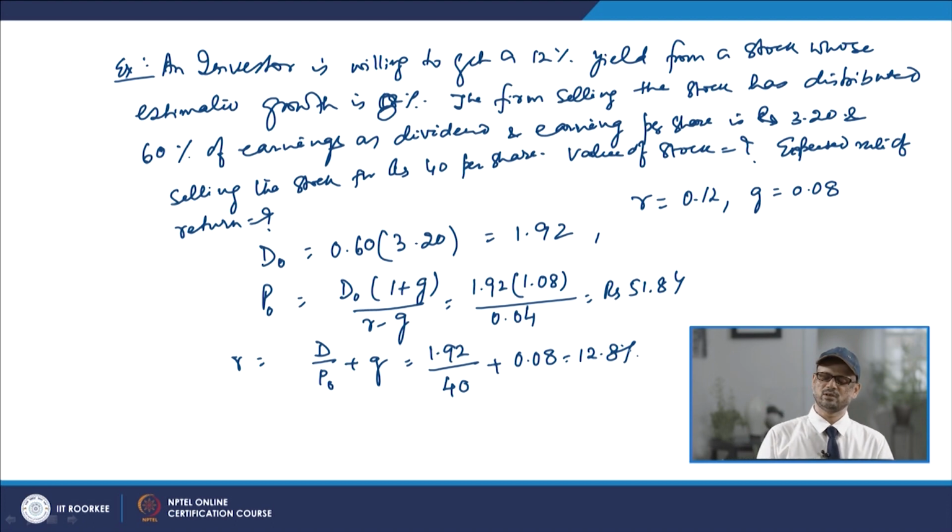So we are basically using this for finding the expected rate of return in such cases, and also for finding the current value of the stock when the dividend is growing at a certain rate. We can also find the G value if your future value and current value are given. Based on that, the formula is the nth root of future value by current value minus 1, and that will give you the G value.